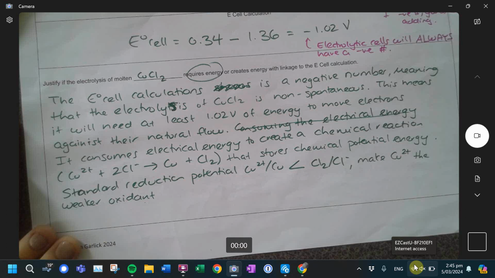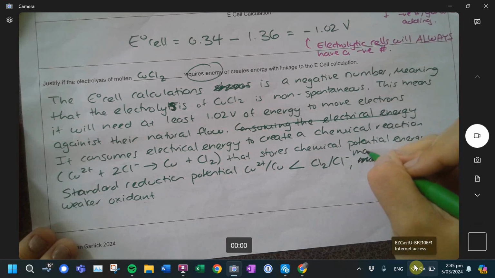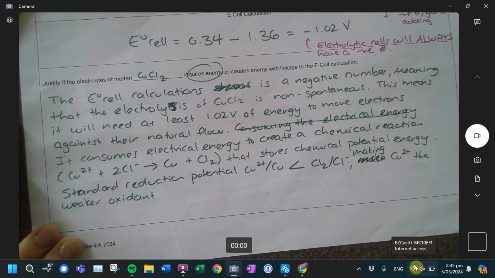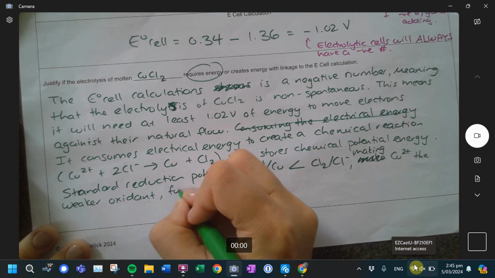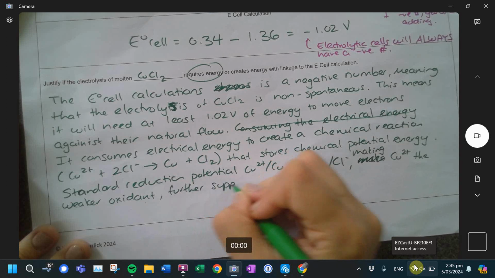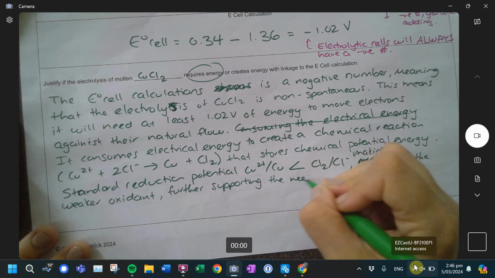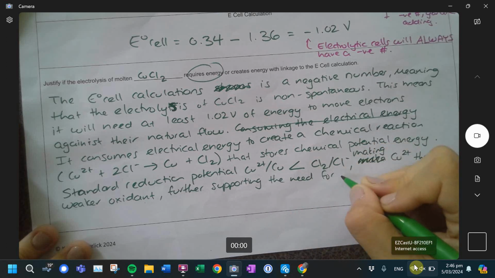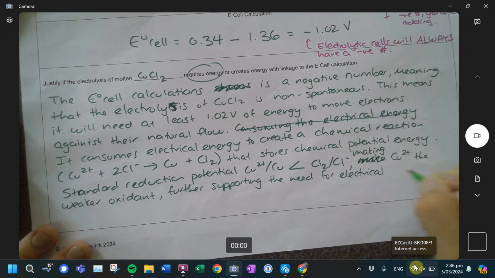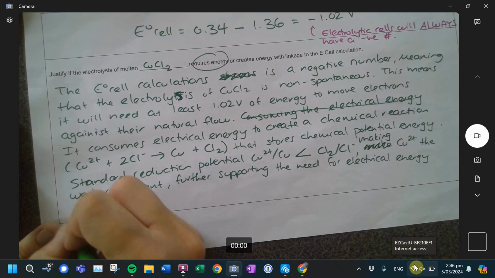So it makes that the weaker oxidant. Do you agree with me on that? All right, so because it's the weaker oxidant, I need energy to make the reaction occur then. So further supporting the need for energy to make it the oxidant.